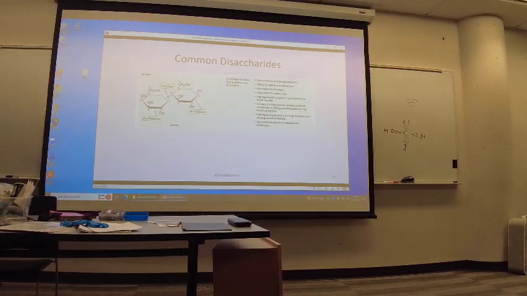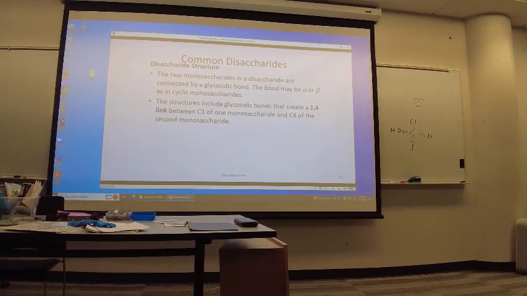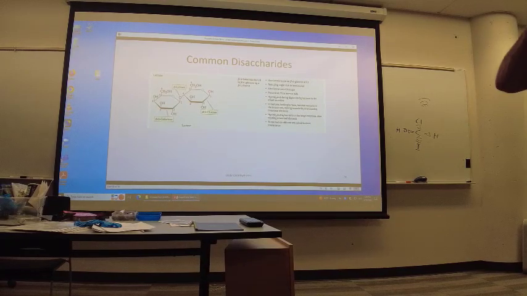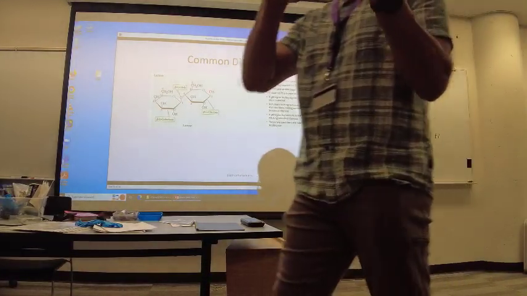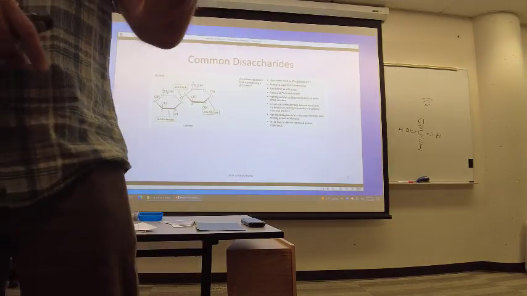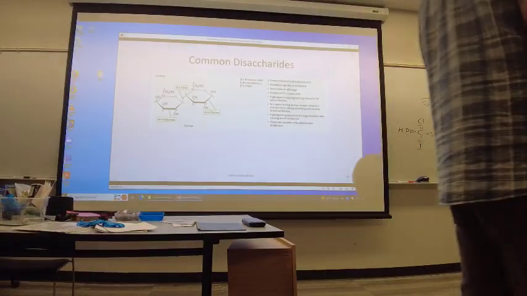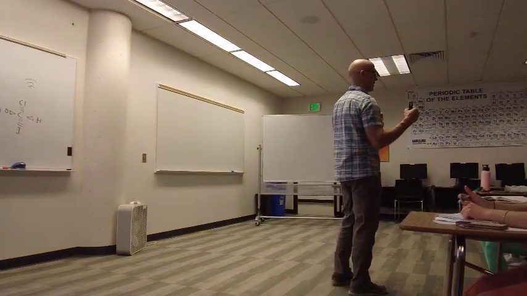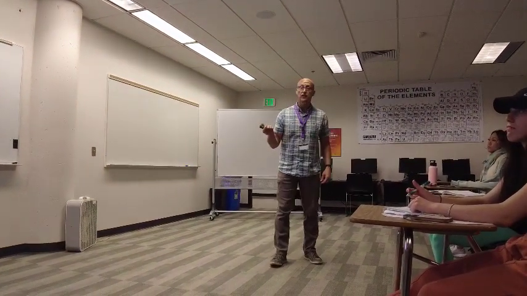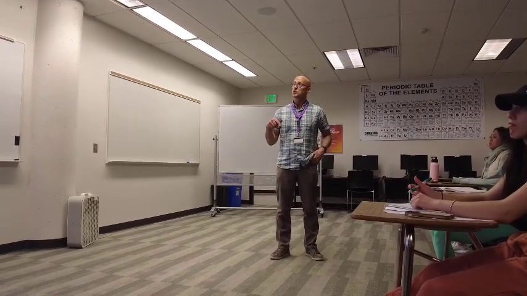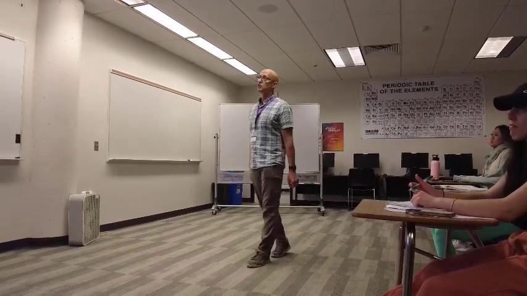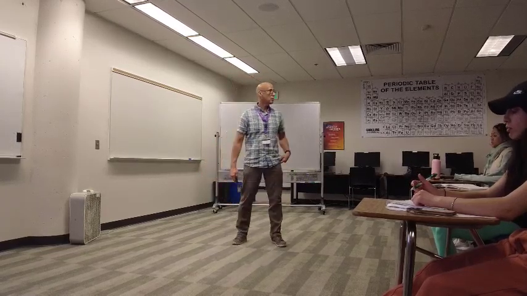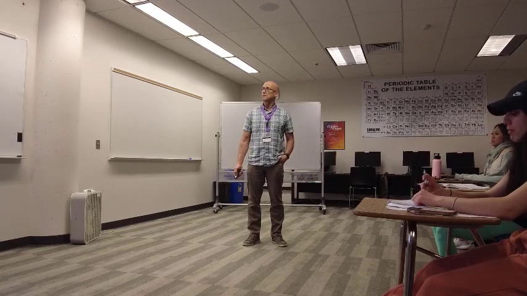So again, I'm just going to review. I now have monosaccharides: glucose, ribose, and fructose. And then I now have a set of disaccharides I should be familiar with, basically where they're found and what they're used for. So we have lactose found in milk sugar, sucrose found in common table sugar, and maltose found in beer and malt grains. Okay?